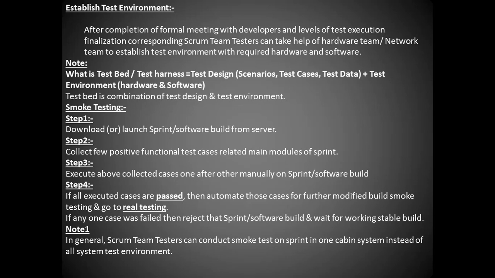Next, executing the above collected cases one after another manually on the sprint. Next step is, if all executed cases are passed, then automate those cases for further modified build smoke testing, and go to the real testing itself. If any one case fails, then reject that sprint and wait for a stable build.